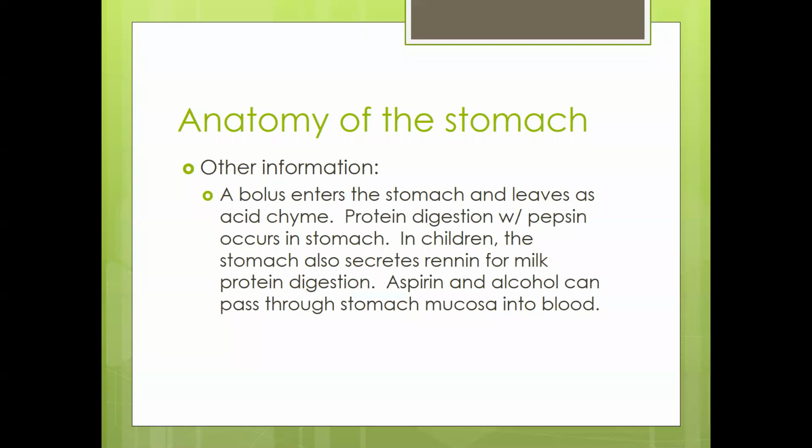And then aspirin. We just don't see taking aspirin too much anymore. We've found some harmful things with aspirin intake. If you are a child with chickenpox and you take aspirin, it gives you a neurological problem called Reye's syndrome that we don't want you to have.